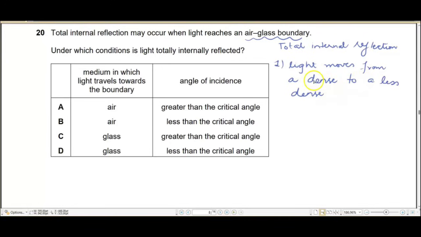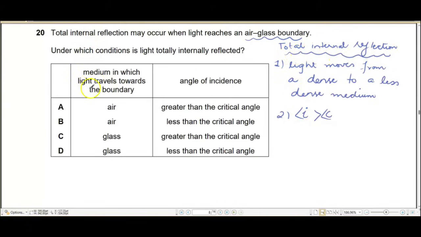So it should be traveling from a more dense medium to a less dense medium. And the second one is that the angle of incidence should be greater than the critical angle. These two are the requirements for total internal reflection to occur.